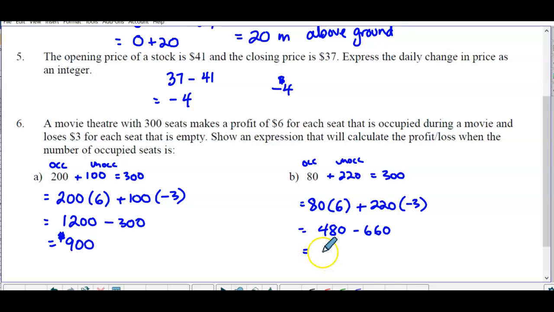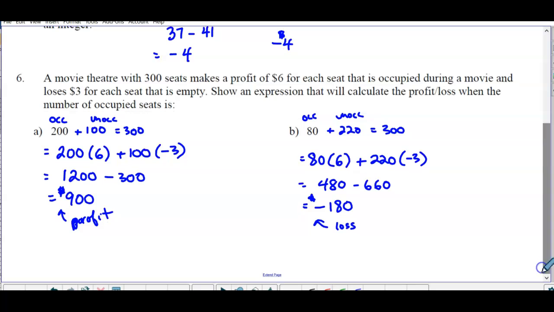So they lose money on this. That's going to be 180. Okay, so negative means a loss. Okay, positive means a gain or profit. Okay, and that's it.